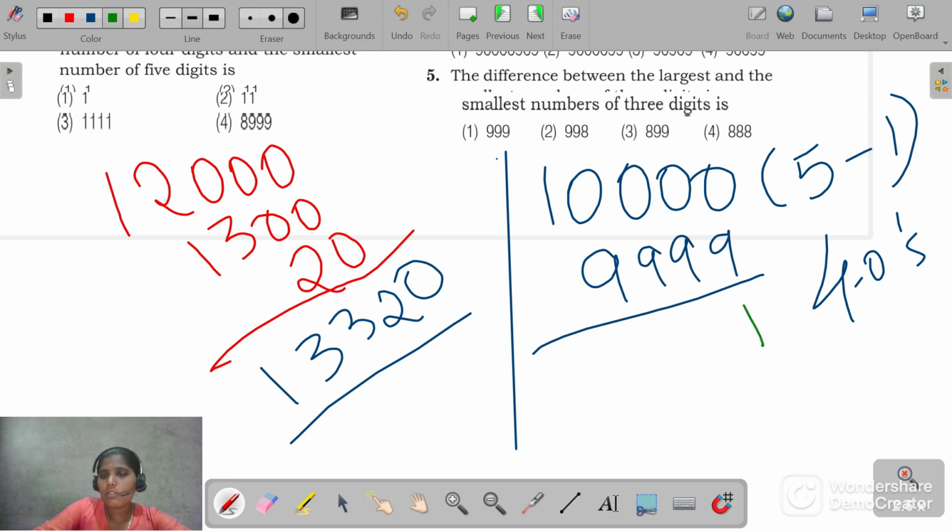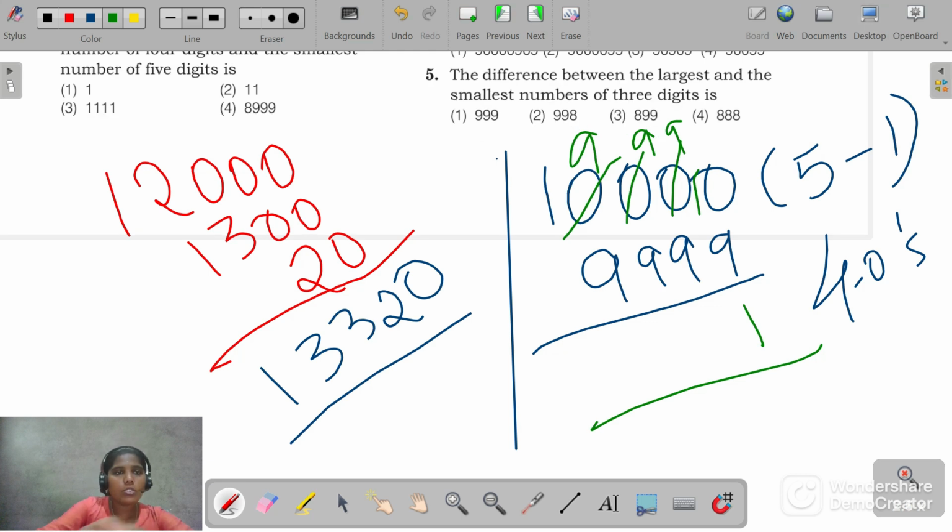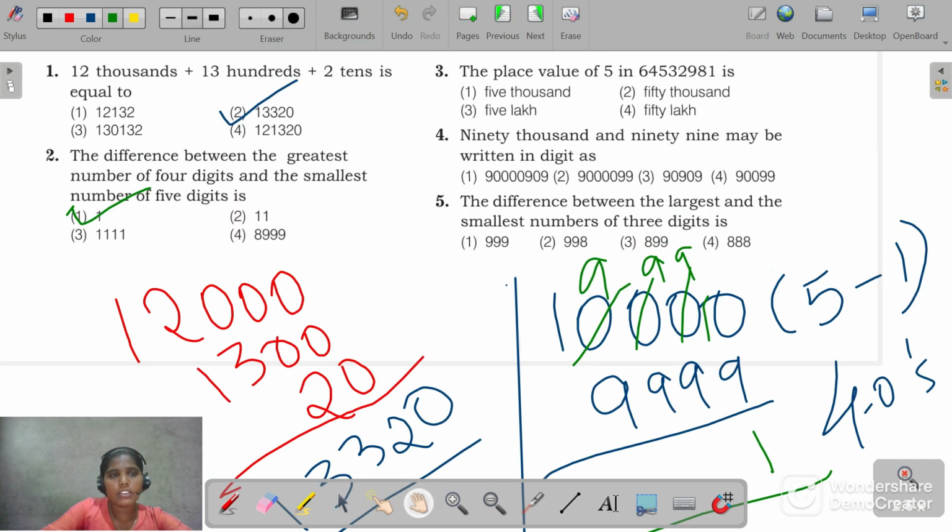If we take out from here, this will become 9, again 9, again 9, and this will be 10. When we calculate this, the answer we get is 1. So we have to find an option with 1. We'll mark out this first option as the correct one.